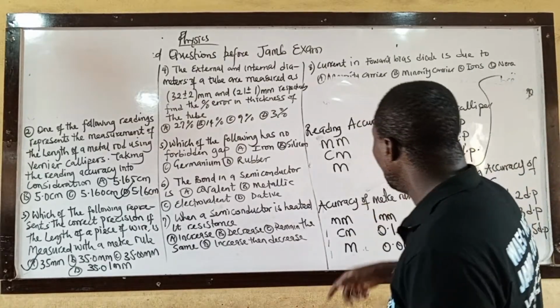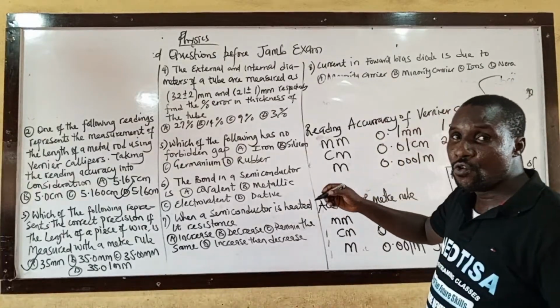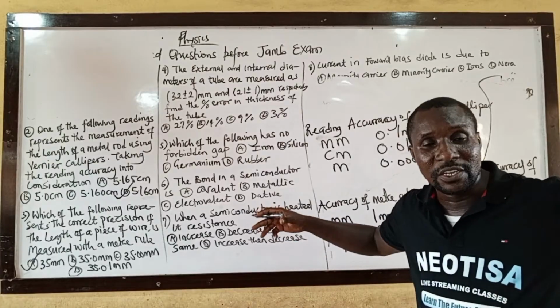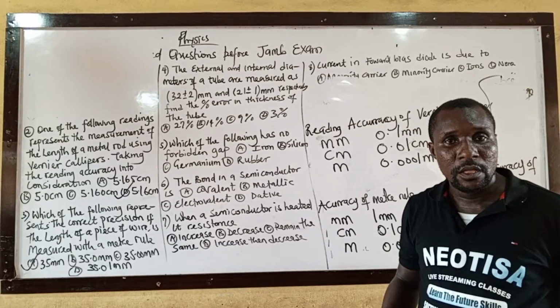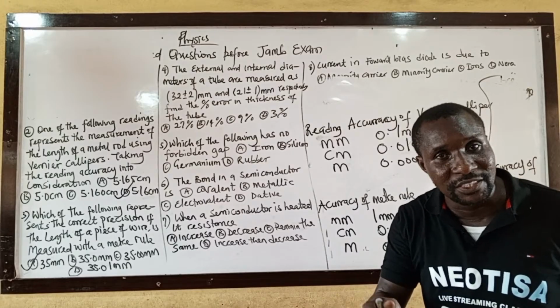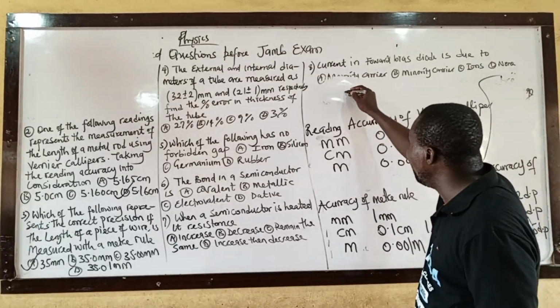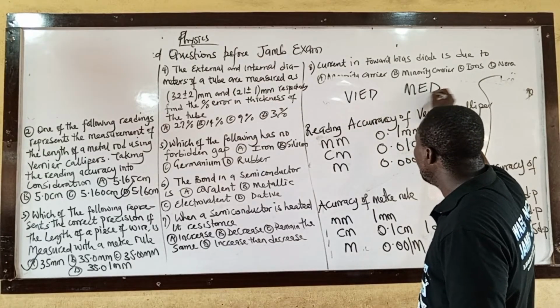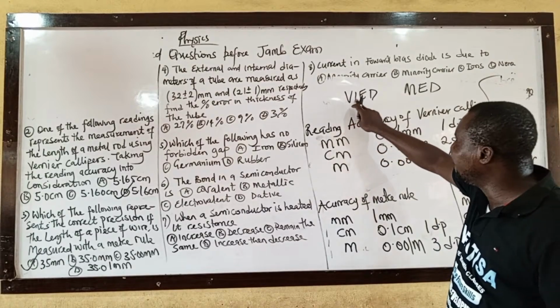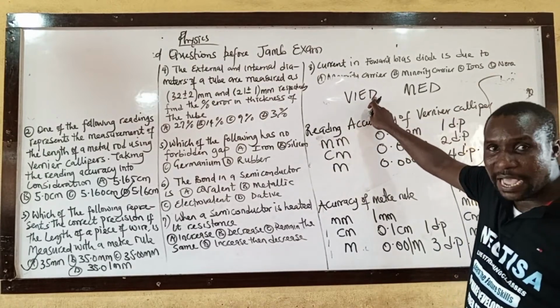I told you, meter rule measures what? Long distance. But if you want to measure short distance, we use our vernier caliper and micrometer screw gauge. Vernier caliper measures internal and external diameter.